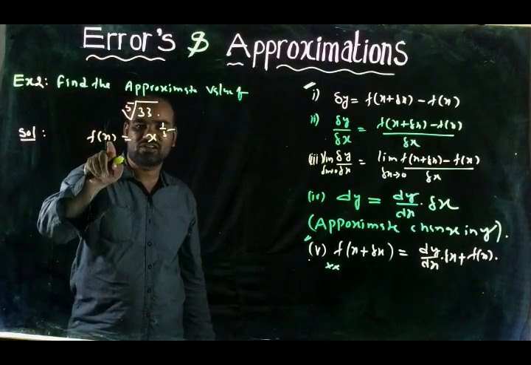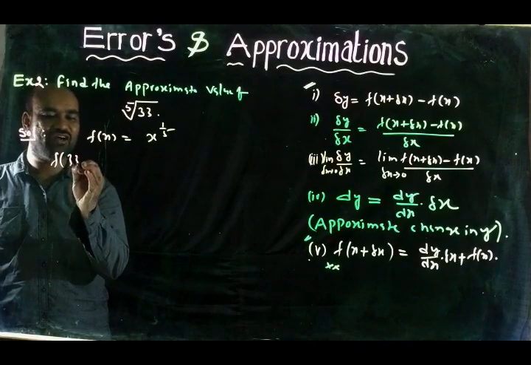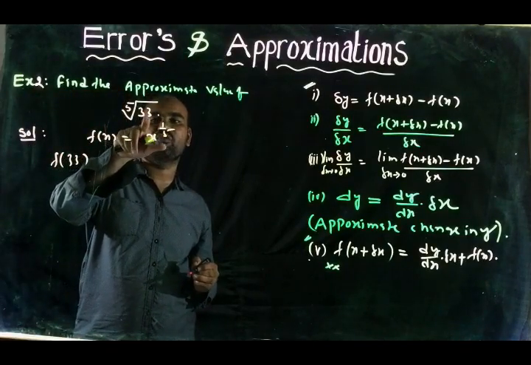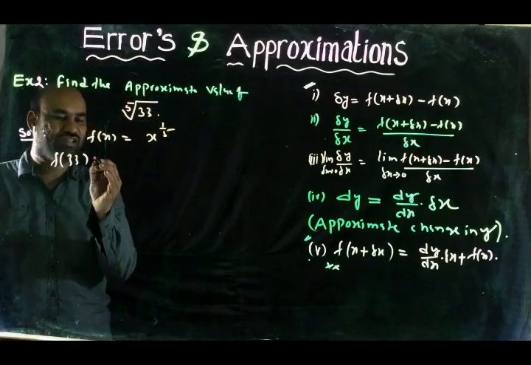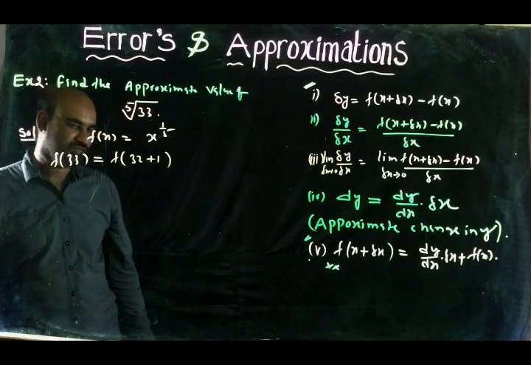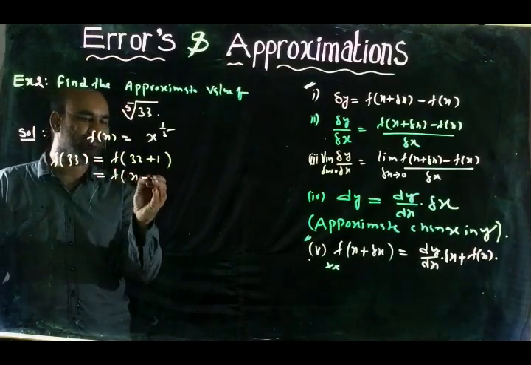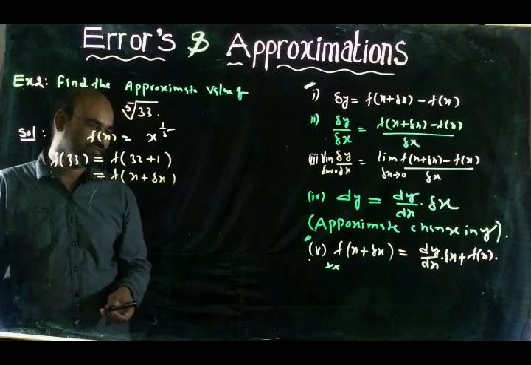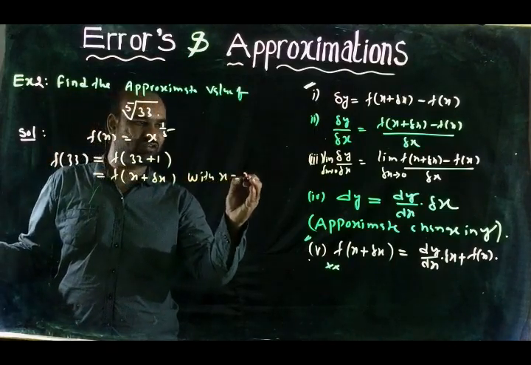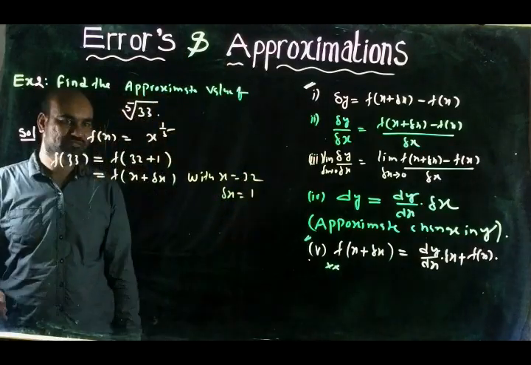Instead of x I want 33, so f of 33 I want. But 32 is better, no? 32 power 1 by 5 is 2 only. That's why this can be written as f of 32 plus 1. So this is in the form of f of x plus delta x with x equal to 32 and delta x taken as 1.